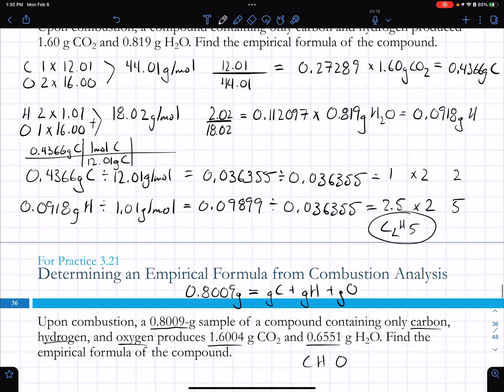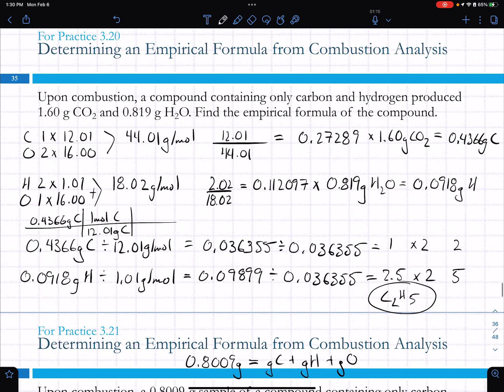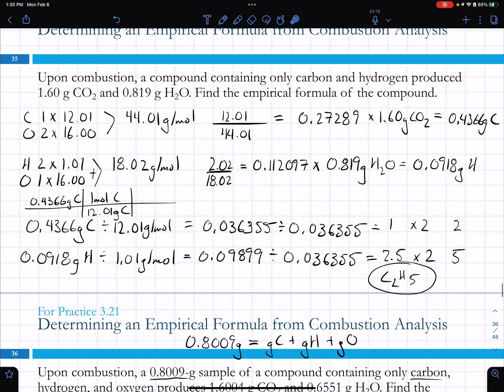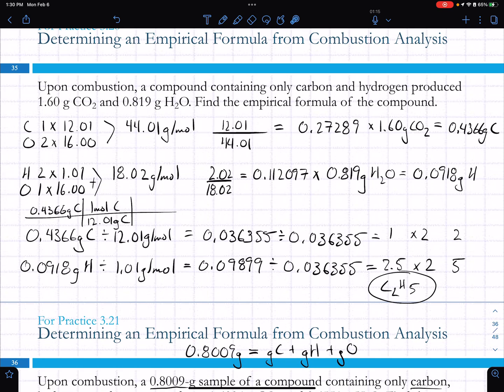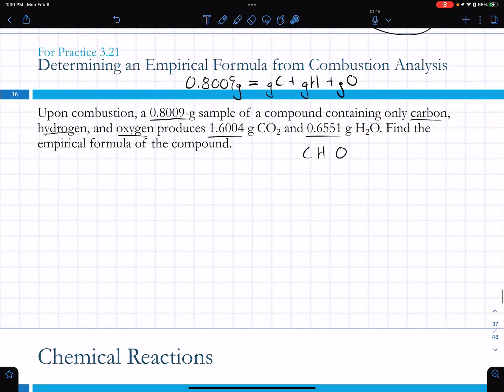Now, unlike the previous problem here on slide 35, in this problem we were not given the initial mass of the sample. We didn't need it there because we were only looking for carbon and hydrogen. But in this problem, we're looking for oxygen too.